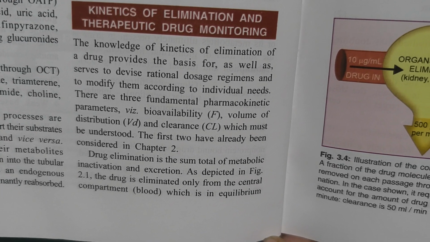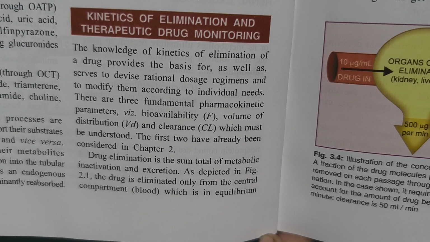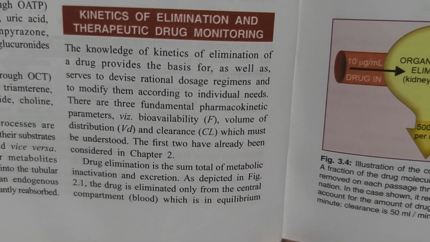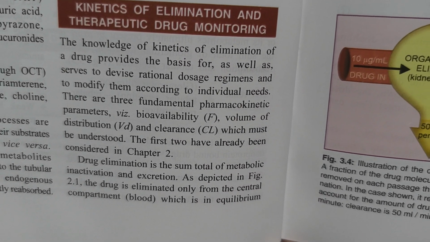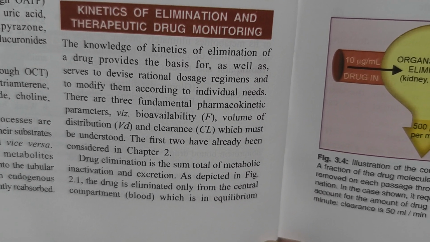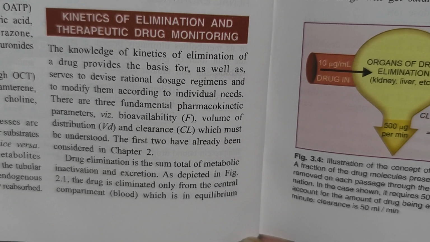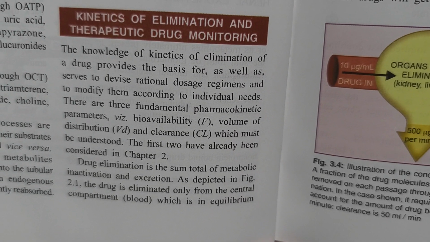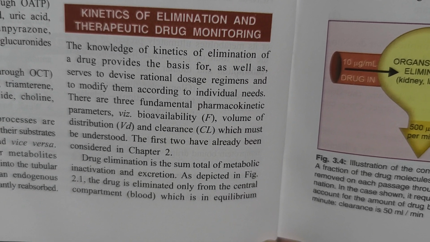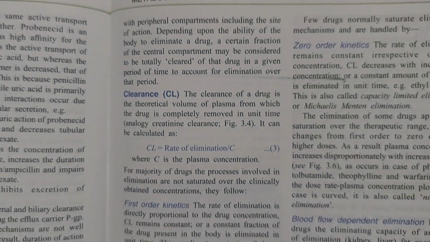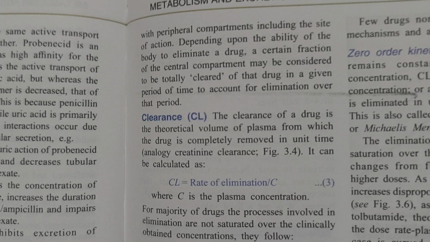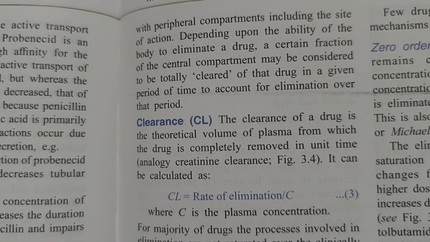Drug elimination is the sum total of metabolic inactivation and excretion. As depicted in figure 2.1, the drug is eliminated only from the central compartment, that is blood, which is in equilibrium with the peripheral compartment that includes the site of action.